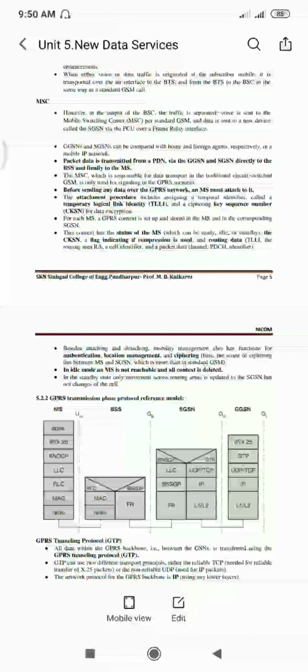When the mobile station is in idle mode, it means that the mobile station is not reachable in the GPRS service.